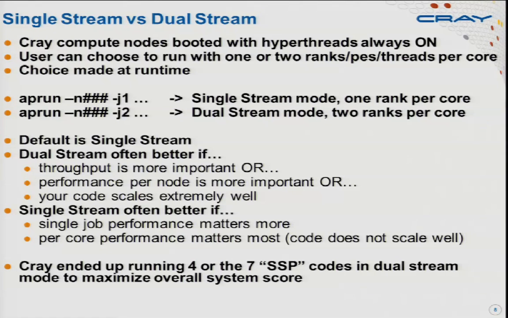You don't double the number of functional units. You don't double the memory bandwidth. So it would stand to reason that per rank performance would drop by a factor of 2, right? But it doesn't always. Sometimes it drops by less than a factor of 2, in which case the per node performance actually went up.